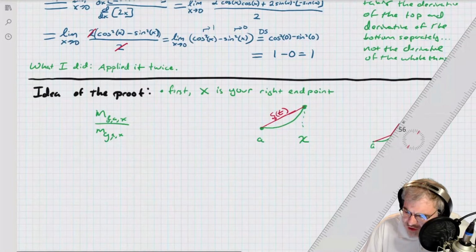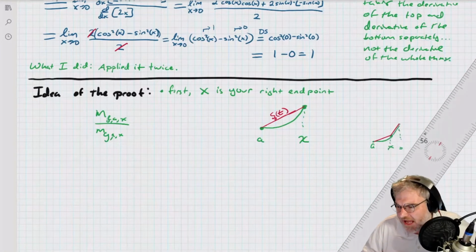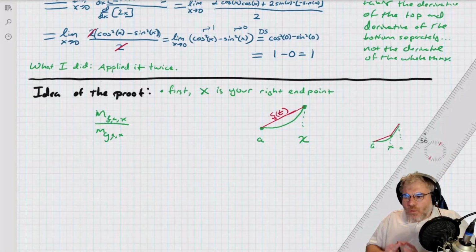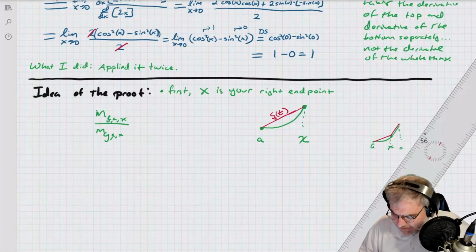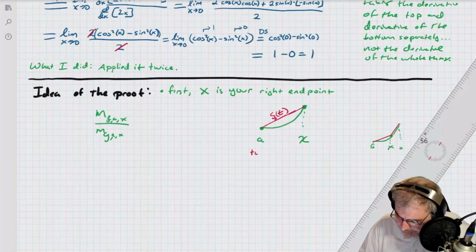Because remember, I don't want to mention f prime of a. This is to avoid mentioning f prime of a.